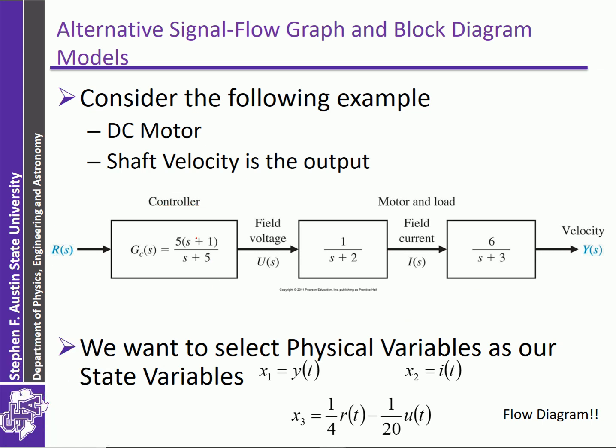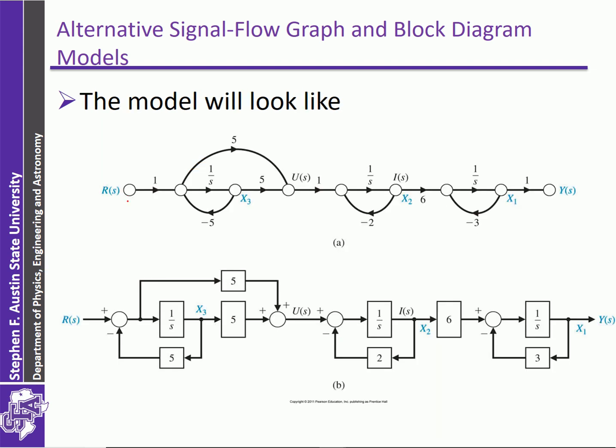The first thing we need to do is analyze each of the transfer functions individually. Here we have for the first transfer function the input and here we have our output.